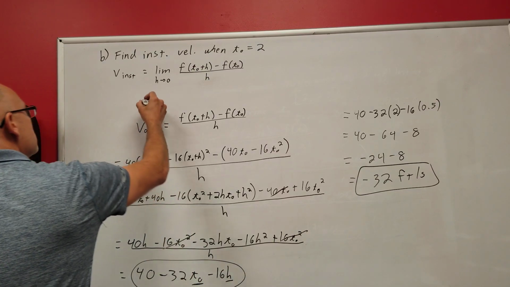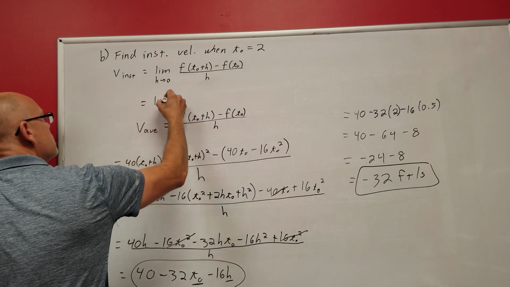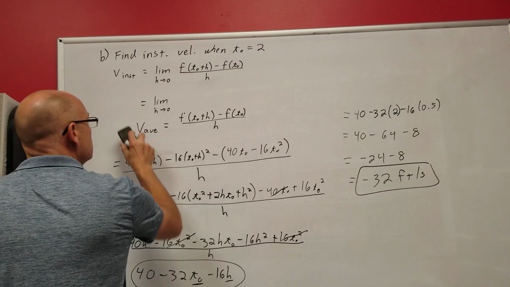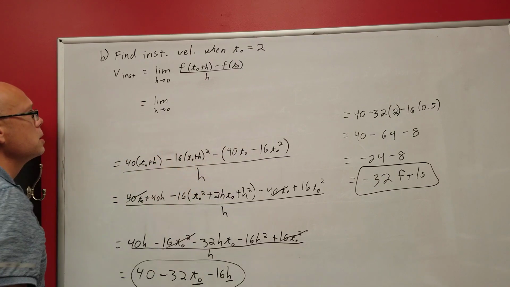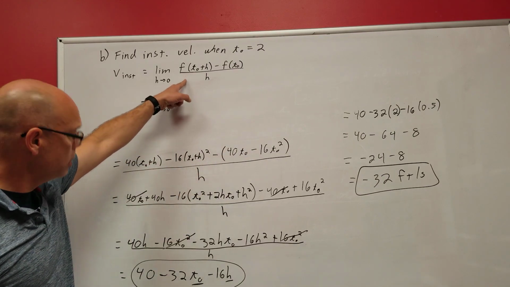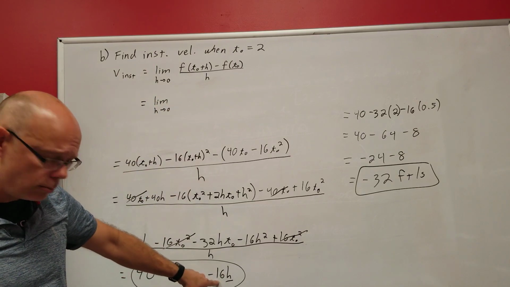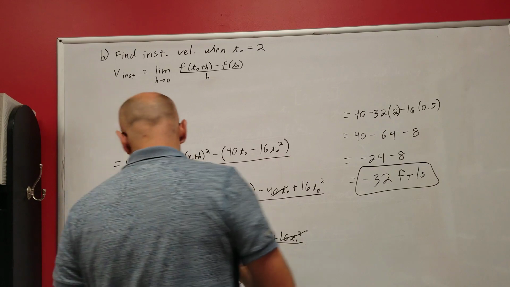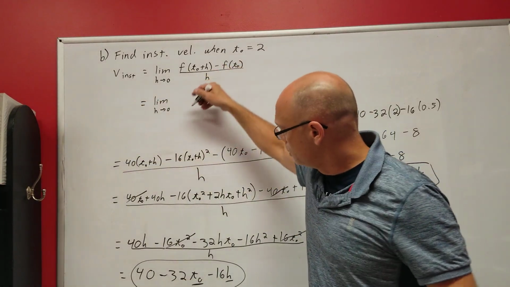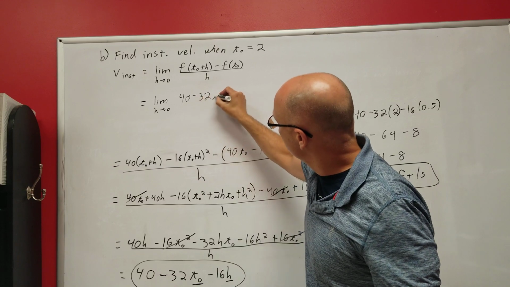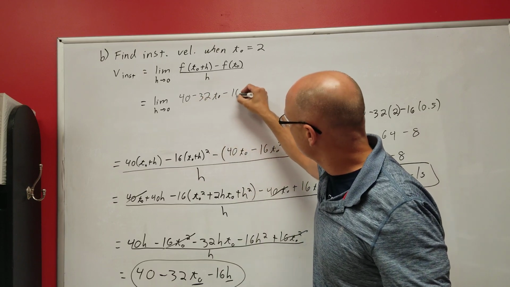What I could do is say, okay, this is the limit as h approaches 0. But now, instead of writing this difference quotient, I already simplified that to 40 minus 32 t naught minus 16h. So I'm going to say this part turns into 40 minus 32 t naught minus 16h.